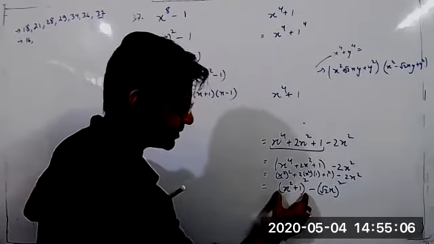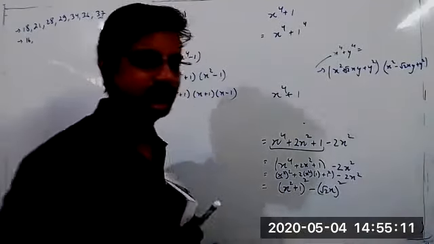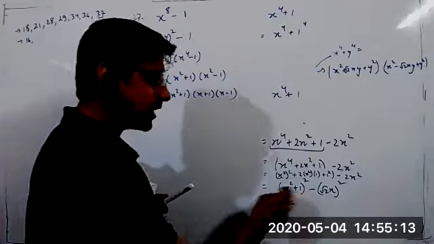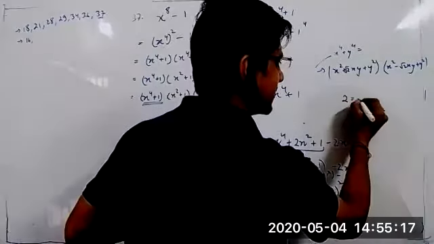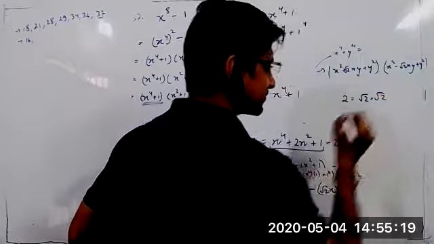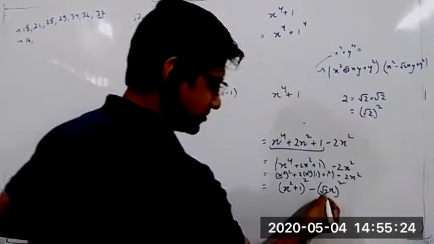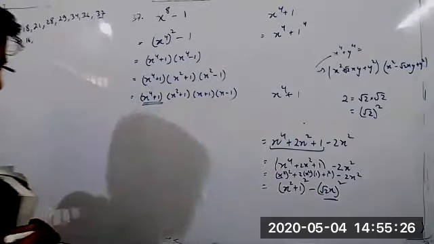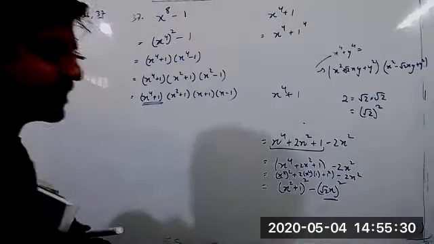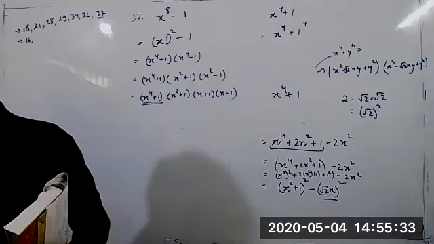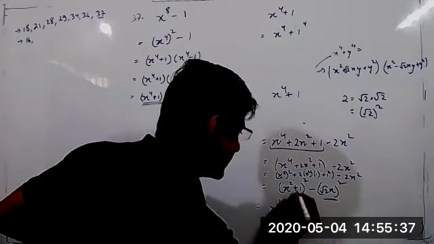So x square plus 1 the whole square we have written. But left out is minus 2x square. But we have to make something square form. So 2 can be written as under root 2 into under root 2, which is under root 2 square. So under root 2x the whole square. Now this is in the form of a square minus b square.